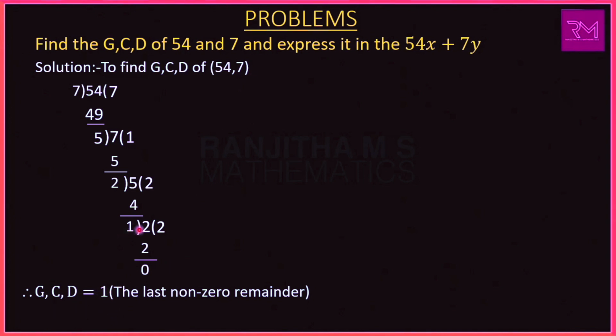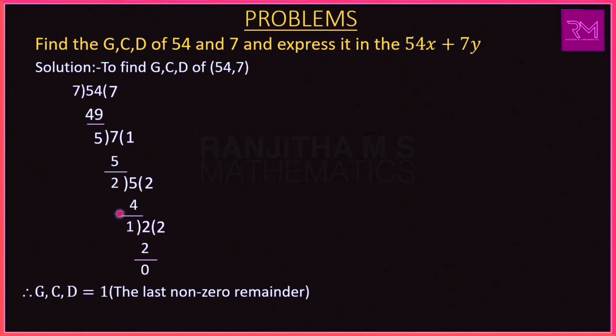The division method ends when we get a remainder of 0. Here 5 is a remainder, 2 is a remainder, 1 is a remainder, and 0 is a remainder. But the last non-zero remainder, previous to the 0 value, is 1. So we conclude the GCD of 54 and 7 is 1.